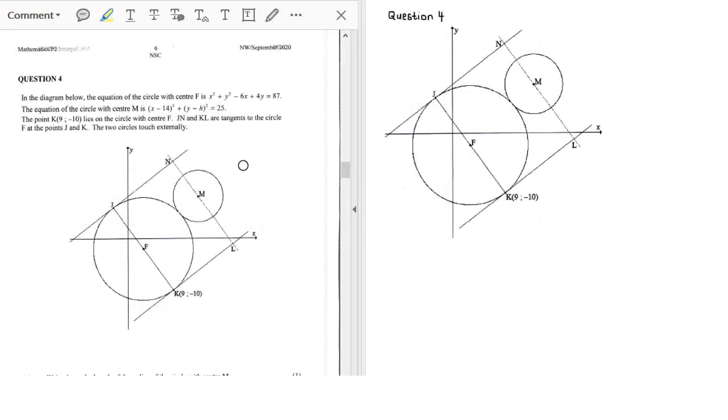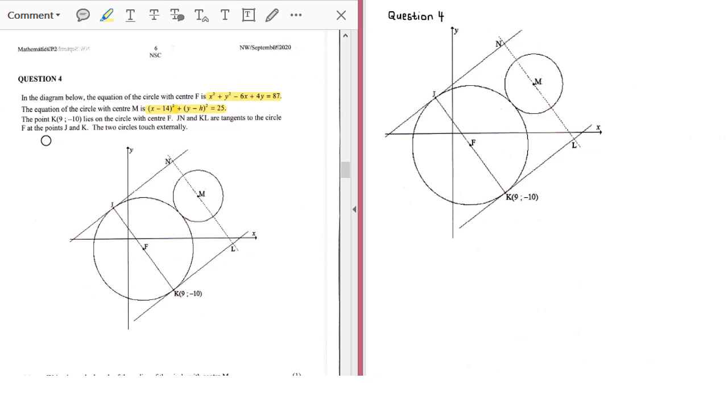Right, so now on to question number 4. It says that in the diagram below, the equation of the circle which is centered at F is given as x squared plus y squared minus 6x plus 4y is equal to 87. And the equation of the circle centered at M is x minus 14 all squared plus y minus h all squared is equal to 25.